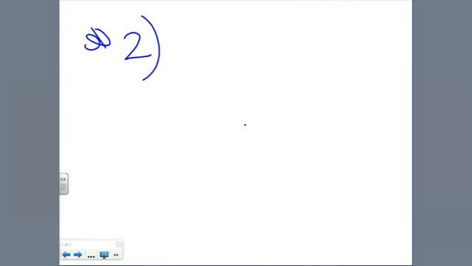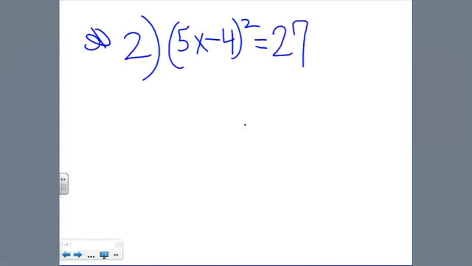We have in parentheses 5x minus 4 squared equal to 27, and we need to solve for x. The first step, get rid of the exponent. The opposite of squaring something is taking the square root. So we will take the square root of both sides.